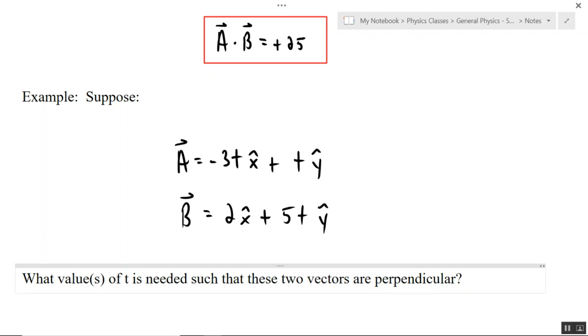So t can be anything, right? So for one or maybe more than one value of t, these two vectors will be perpendicular to one another, 90 degrees away from one another. Does anyone have any idea how you would answer this question?